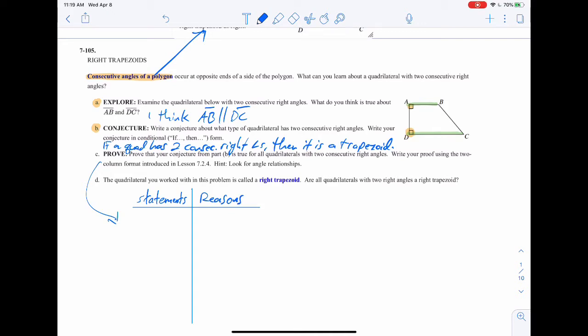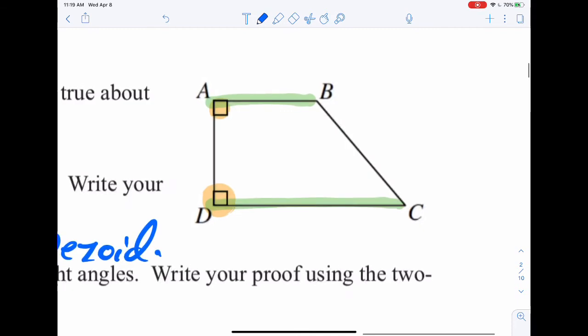All right, at this point, I want you to see and think about how you would prove that those sides are parallel. If you look back at your work in problem 7-72, we proved that opposite sides of a rectangle are parallel. Look back at that work and see if we can use the same argument here. As always, press pause, look back at that work, and then play when you're ready.